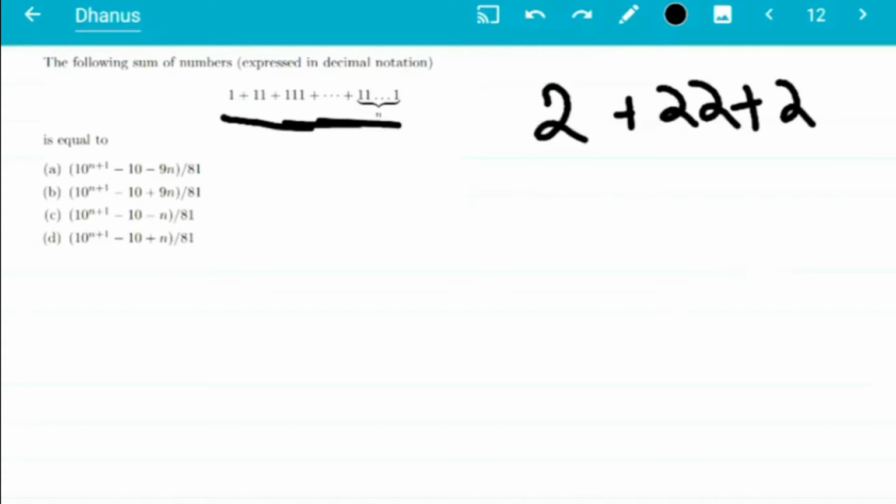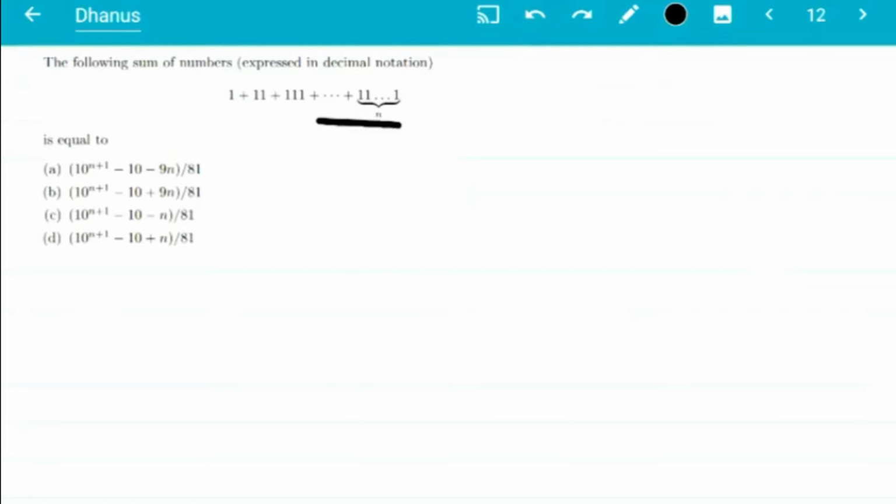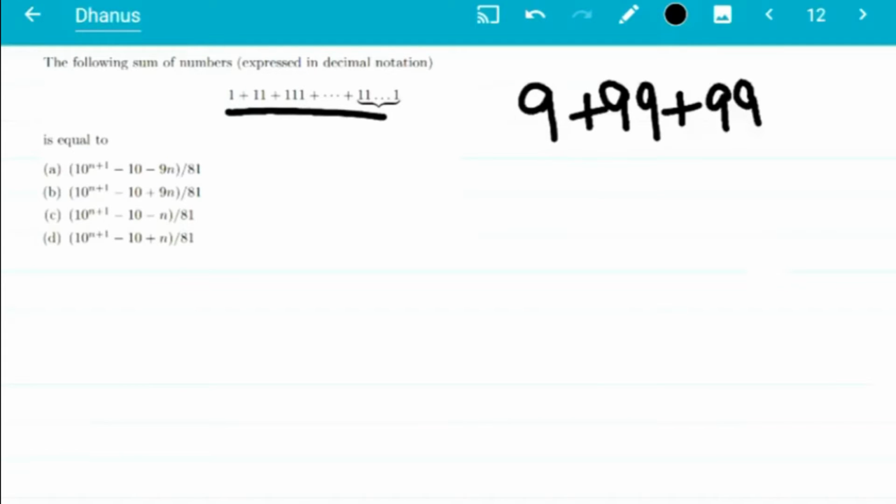Any type of question you can apply the same idea, of doing this in the form of 9, because just multiply and divide this term with 9. That will give you 9 plus 99 plus 999 plus, yeah, plus that thing 999.